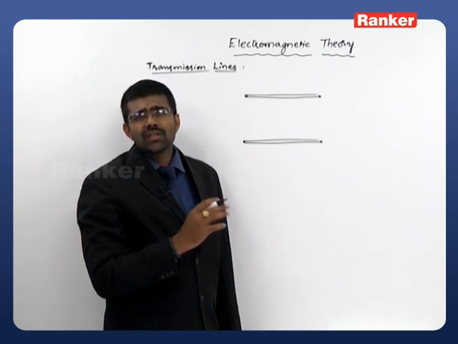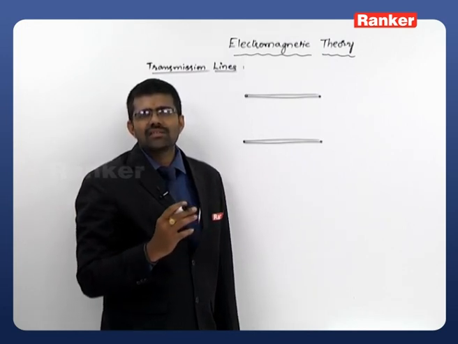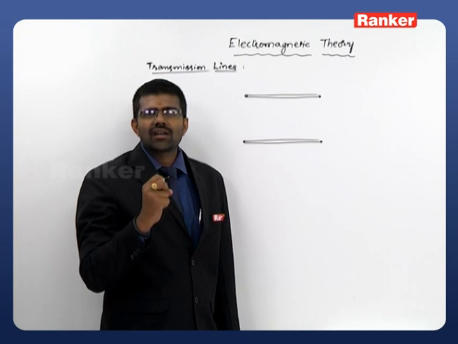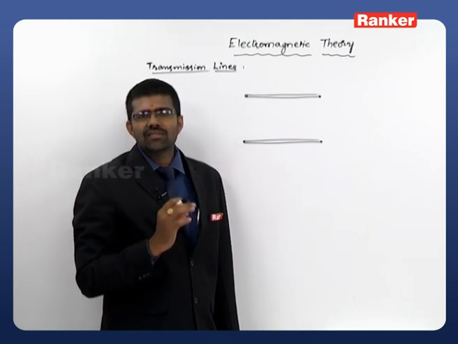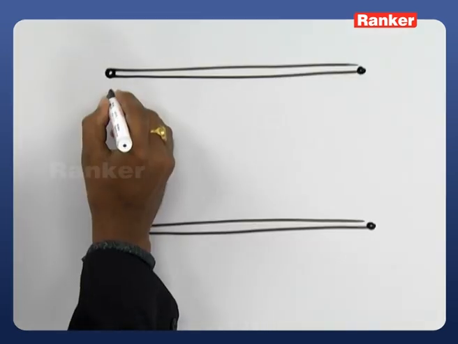So, what we do is we take the distributed elements R, L, G, C and replace our transmission line with the help of them. Already this topic is very familiar to us.